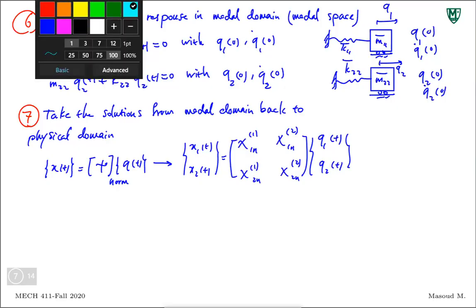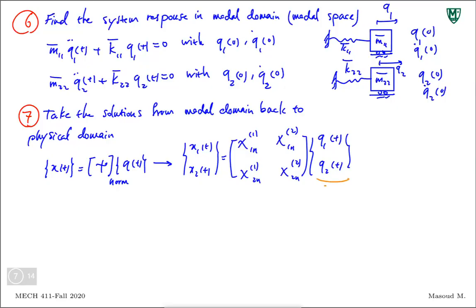This is the solutions from step 6. This is the normalized modal matrix.